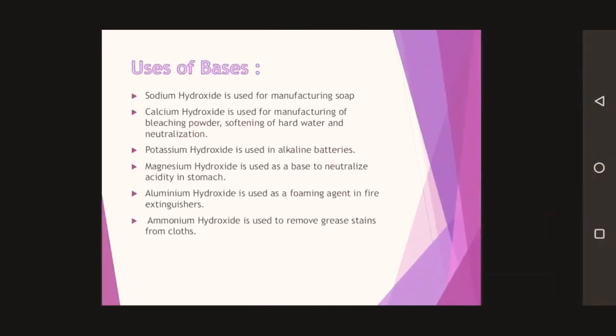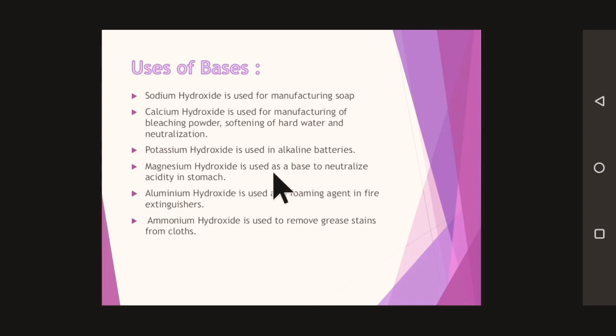Now let's see some of the uses of bases. Sodium hydroxide is used for manufacturing soap. Calcium hydroxide is used for manufacturing of bleaching powder, softening of hard water, and neutralization. Potassium hydroxide is used in alkaline batteries.